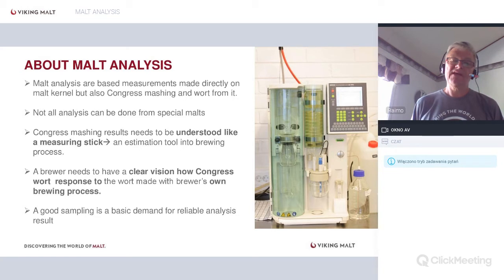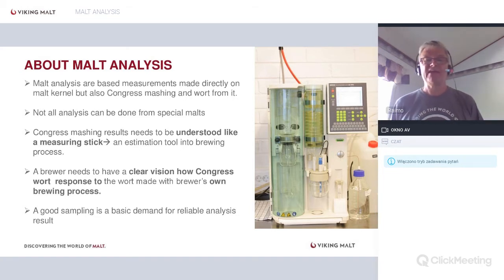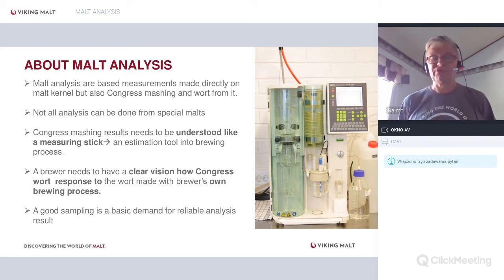One thing I keep on saying to our customers is that you need to understand the Congress mashing result like a measuring stick. It is one process we have to create wort, and you need to be able to estimate with that process how it's going to be in your own process.